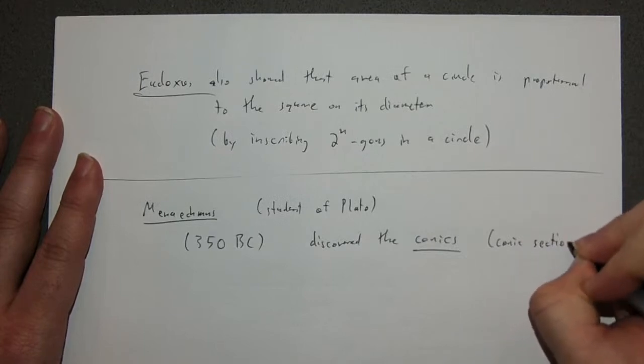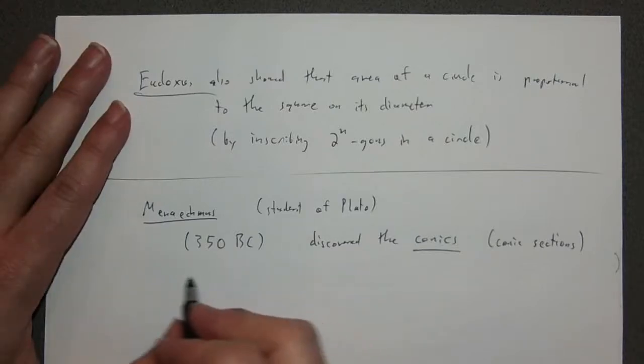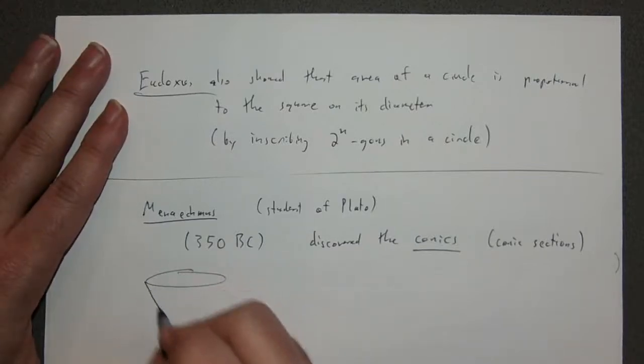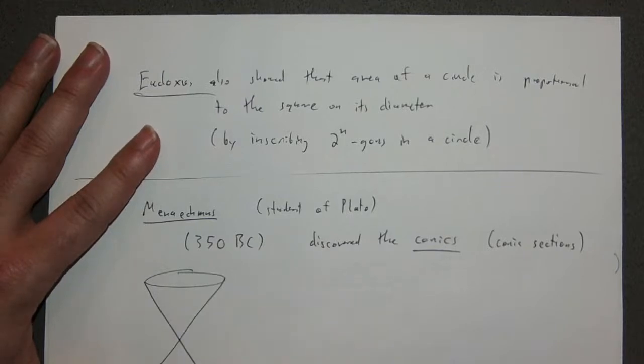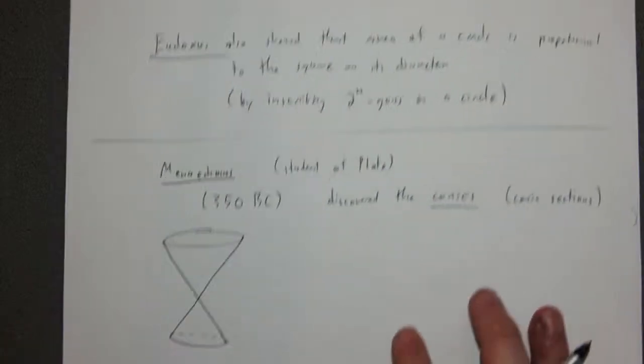So basically, if you imagine a double cone system, so a double circular cone, we'll say. Okay. It turns out that a lot of the classical curves that Greeks were interested in can be described as cross sections of this double cone meeting a plane.